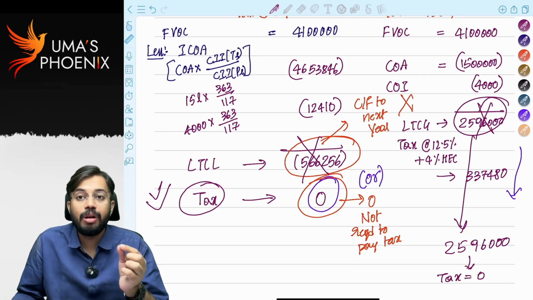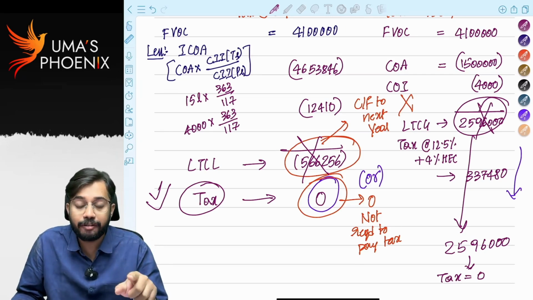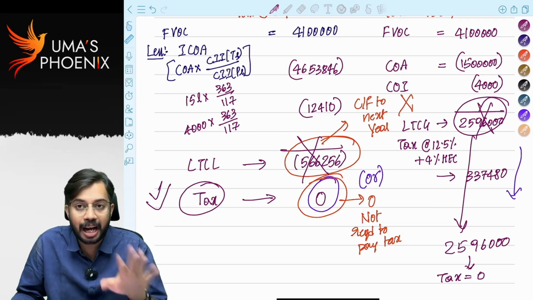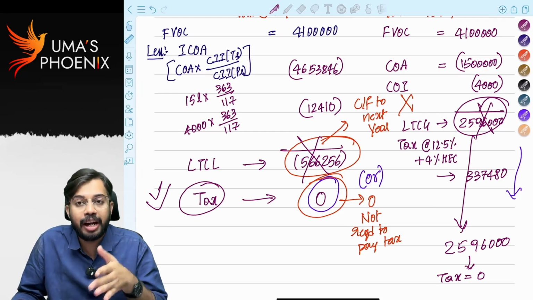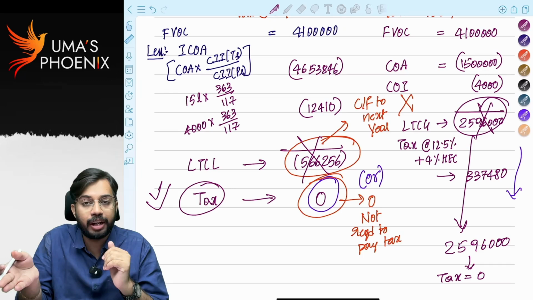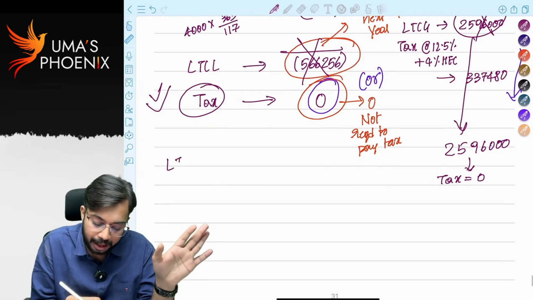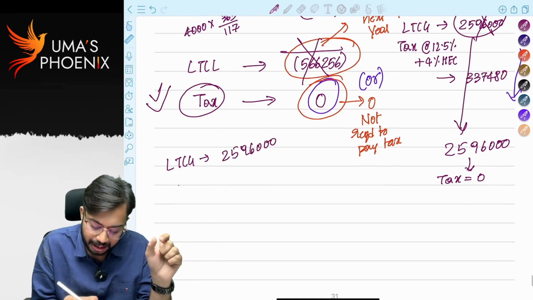If all the 4 conditions are satisfied, a resident individual or HUF can pay tax as per 2 options. That means options are available for tax liability calculation, not for calculation of income. Ideally, on or after 23rd July 2024, indexation benefit is not available. So long-term capital gain is 25 lakh 96,000, but tax amount is 0.